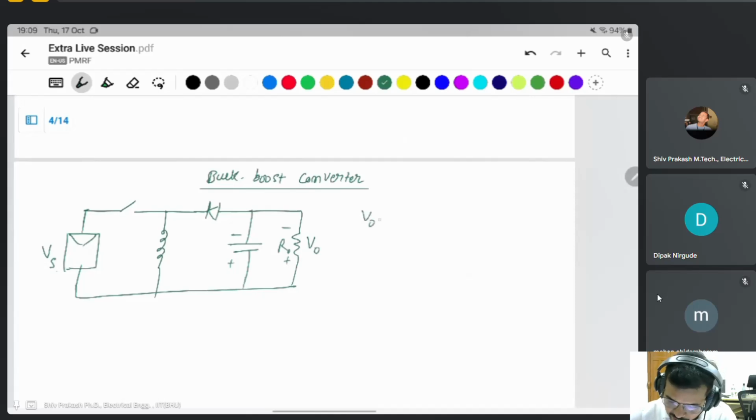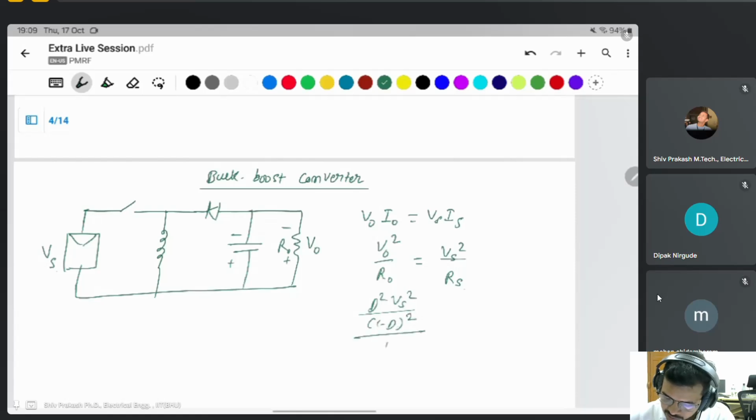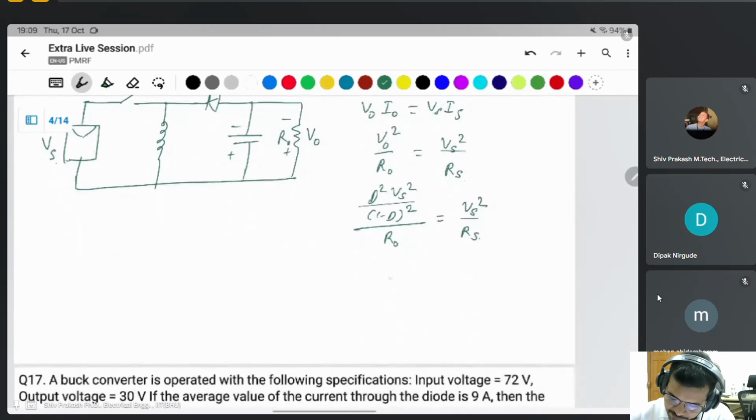Same thing you can apply: V naught I naught is equal to Vs Is, so V naught square divided by R naught, with V naught equal to D Vs divided by 1 minus D. R naught is equal to D divided by (1 minus D) square into Rs.